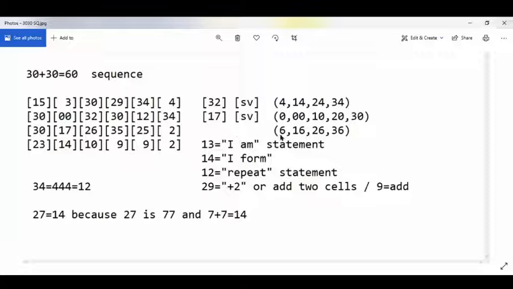So play all those 6s, and in this case, it was 26. So 60, 60, 30, 30, 30, 30, you have the I-form statement, and it was able to connect this 6, and then it's probably going to connect to a 0 here. So again, you play all 0s, and you'll hit there too. So that's the 30 plus 30 equals 60 statement, and I hope you like it.